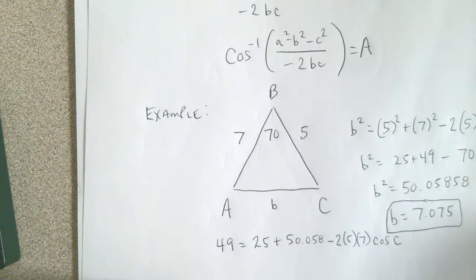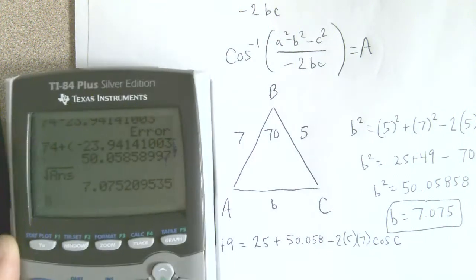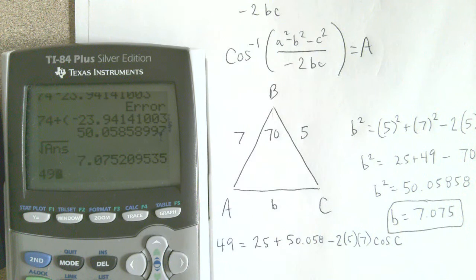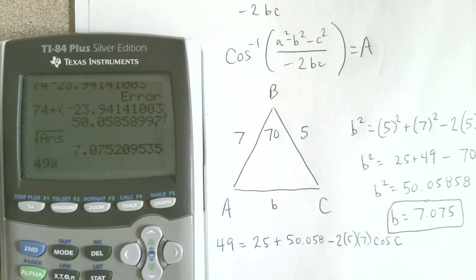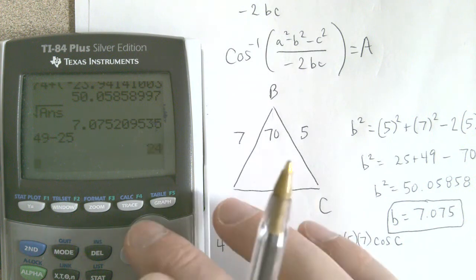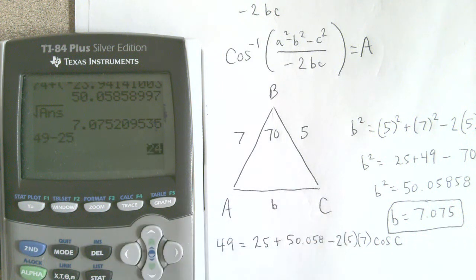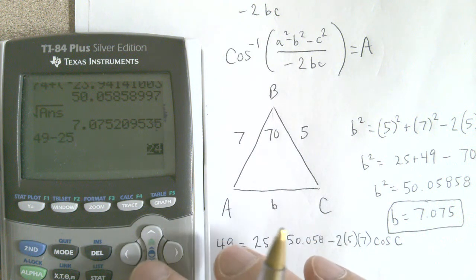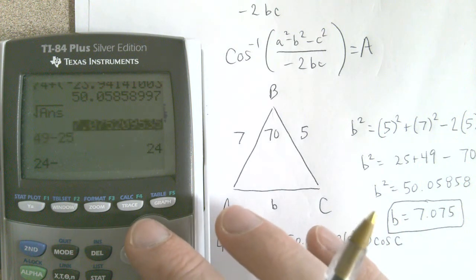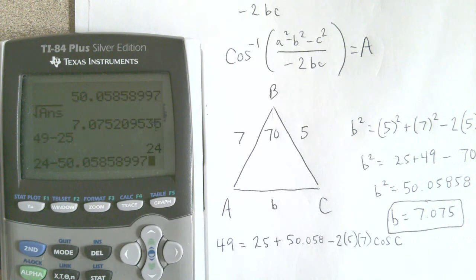If I put this into my calculator, I'm going to do 49 minus 25. I'm also going to subtract the 50.058, which is already in my calculator. So we get 24, and I subtract again the 50, and hit enter.